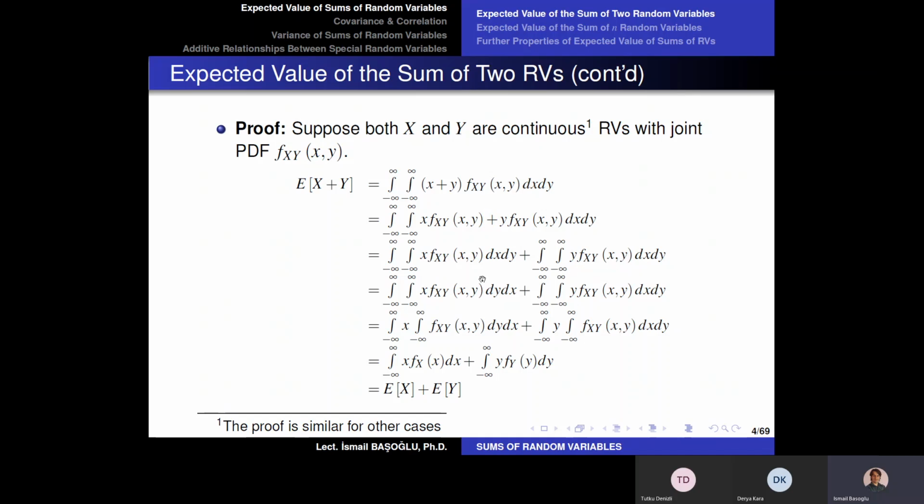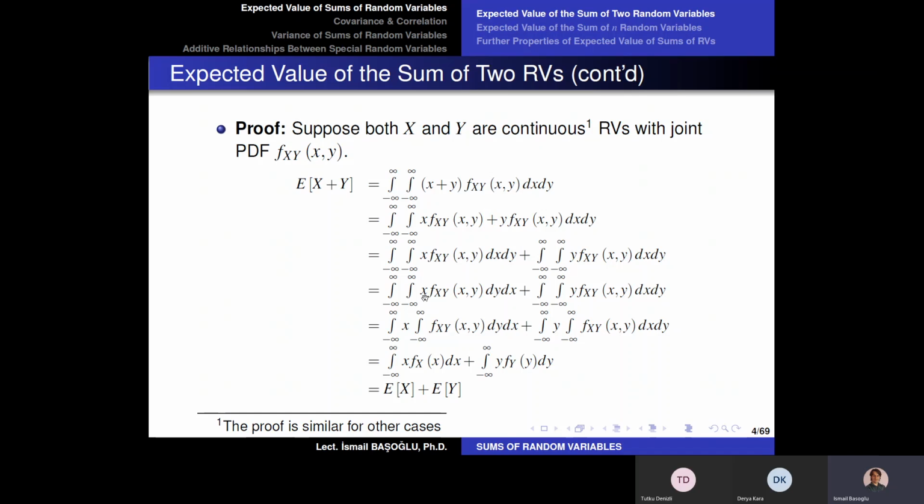And in the first integral, I am going to do this trick, and I am going to change the order of integral operators. So instead of first integrating with respect to x, I am going to integrate first with respect to y, and then x. I'm not going to make another change for the second integral. Now, if you check the first integral, the x multiplier here is considered as a coefficient for the y operator, right?